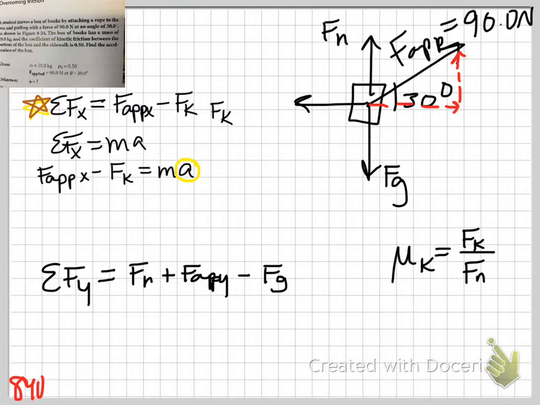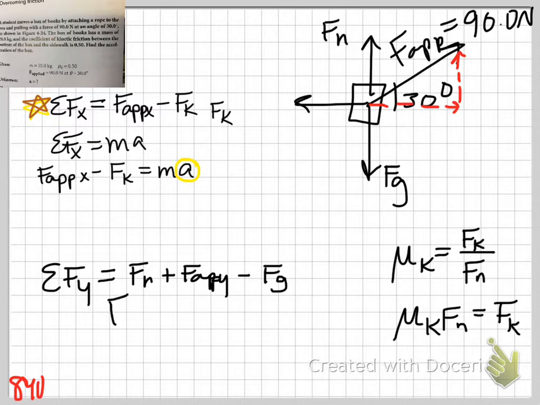Actually, boy, this one is... Oh, yeah, okay, I see the trick. So, let's see if we can create an expression for Fk. So we got mu k Fn equals Fk. Hey, cool. Excellent. Do I need to do something else?